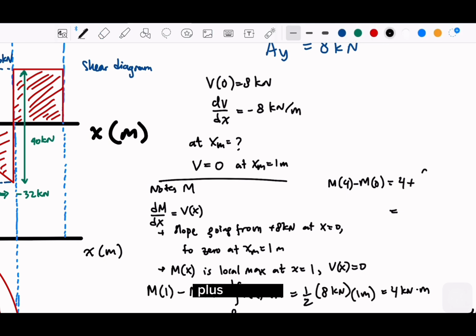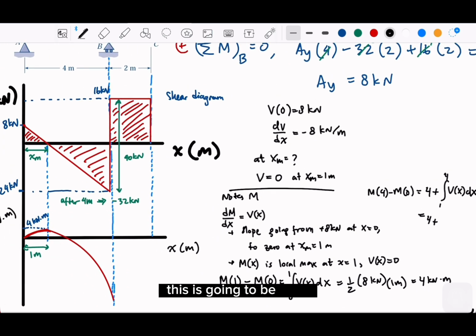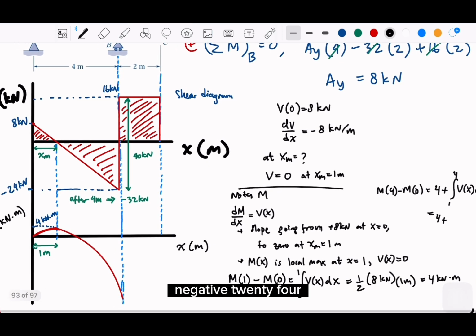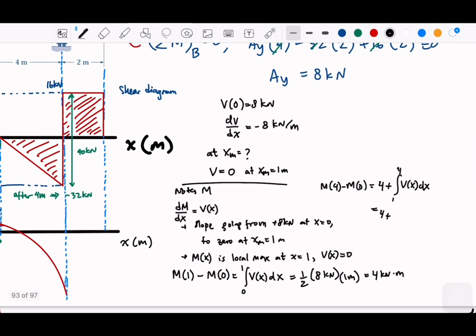So it's plus 4. So this is 4 plus, what is this going to be? Negative 24 multiplied with, oh, 3 over 2. What is the total? Oh, 3 meter. Okay. So 24 multiplied by 3 divided by 2.